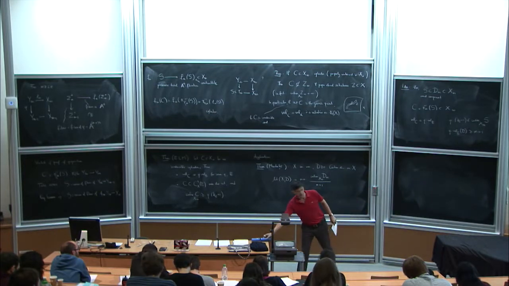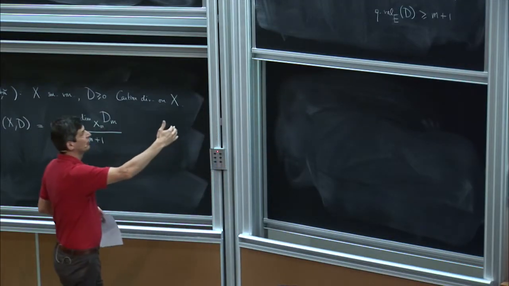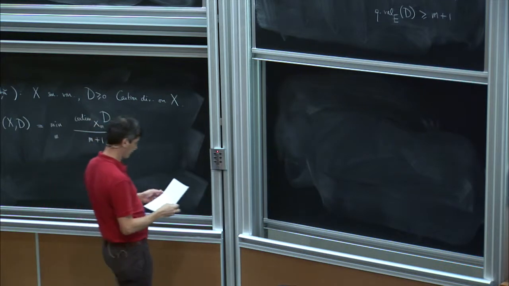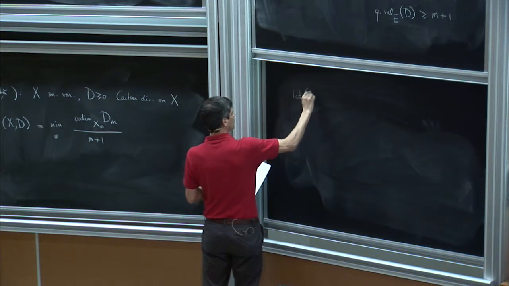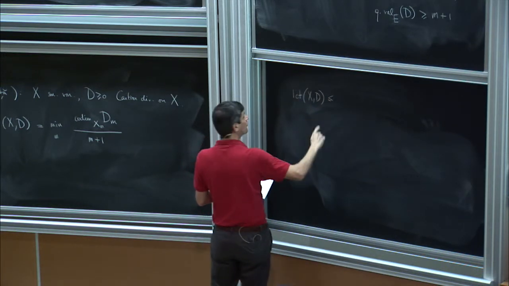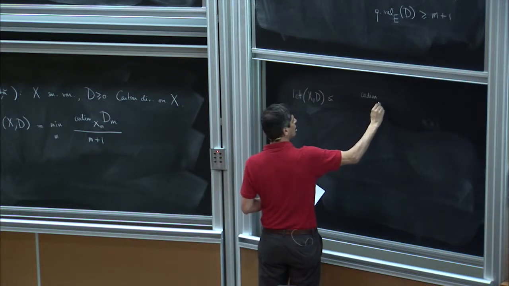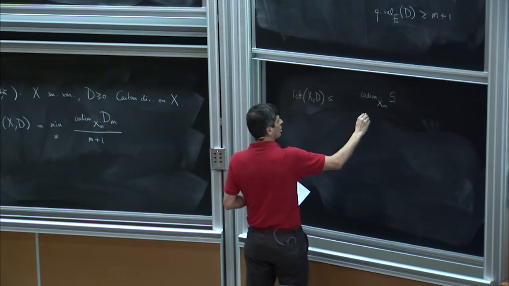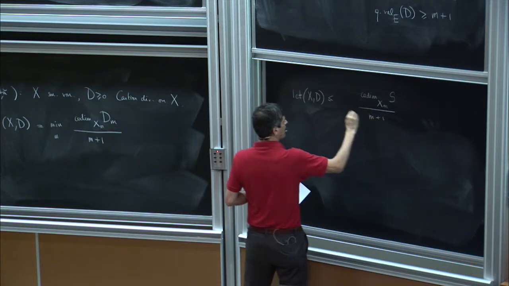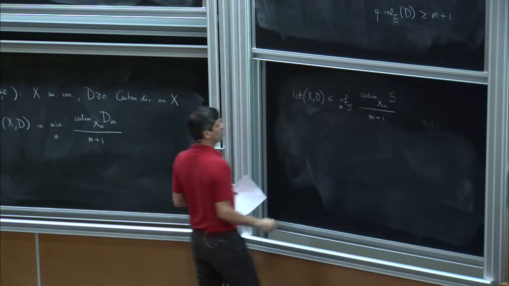But now if you put this together, because the log canonical threshold is defined as the infimum of log discrepancies of valuations, you see the log canonical threshold of (X, D) is less or equal to all these numbers that I pick up in this way, which is therefore the codimension in X_m of this component S over m plus 1. And I take, let's say, the infimum over all possible m and all possible S as above.